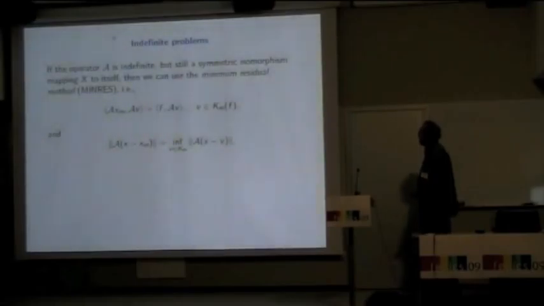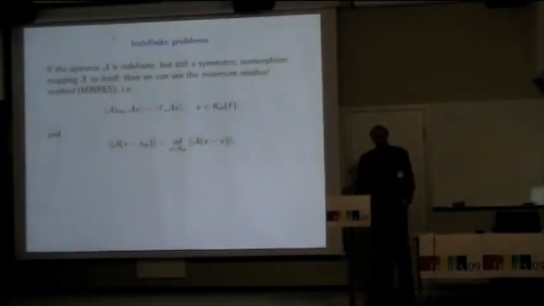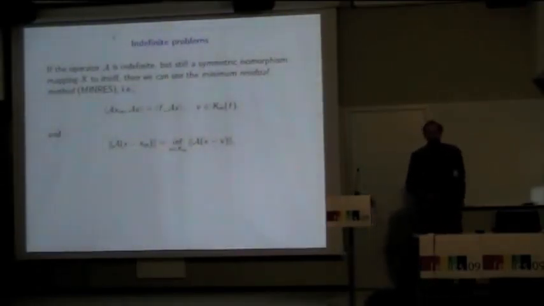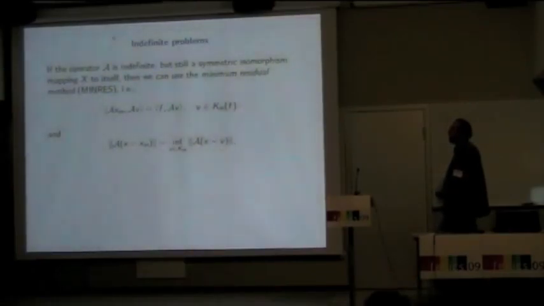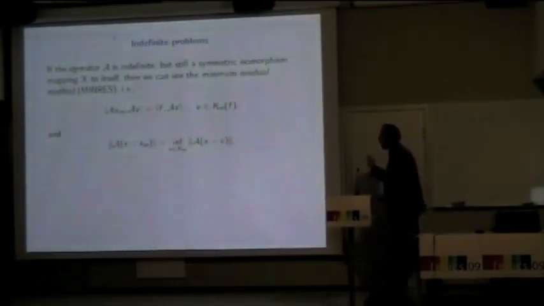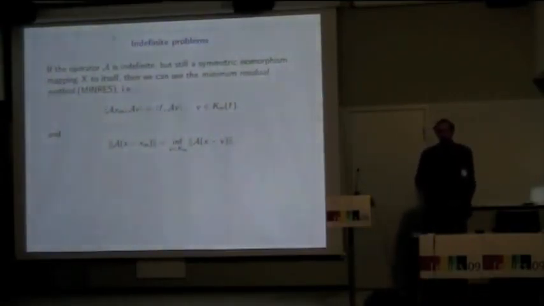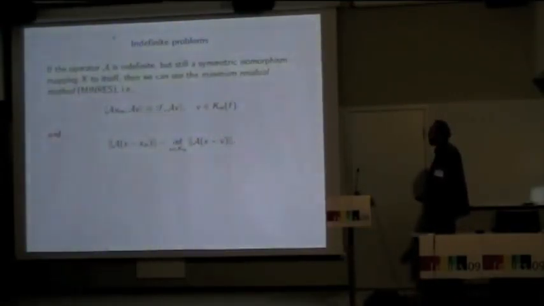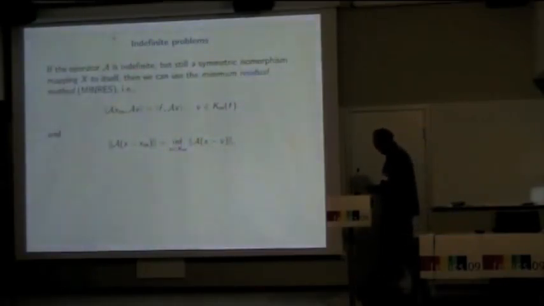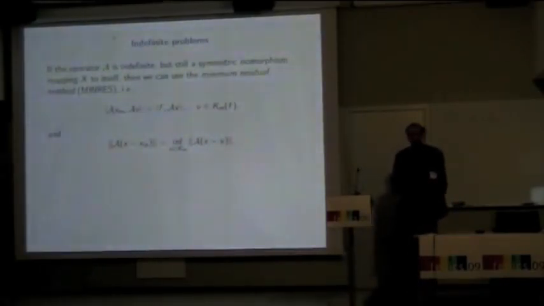If we have systems that are not positive definite, such that we cannot use the conjugate gradient method, but we still have that A is bounded and it's an isomorphism such that A^{-1} also exists, then you can do the same thing with the minimum residual method.